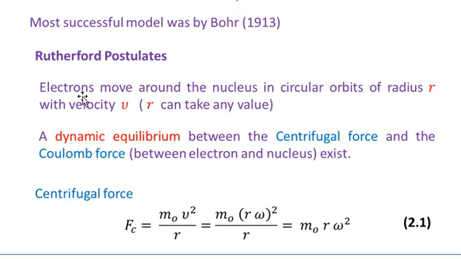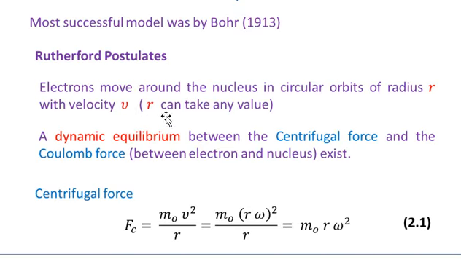Number one: electrons move around the nucleus in circular orbits of radius r and velocity v, where r can take any value. So you see that according to the Rutherford model, the electron in an orbit can take any value. It can be anywhere from the nucleus.